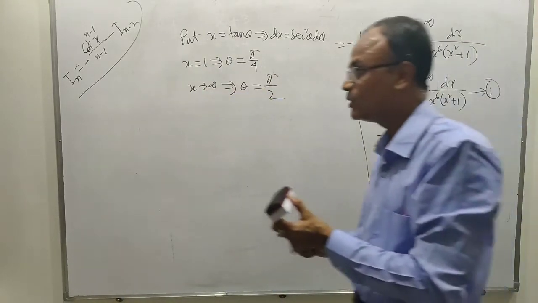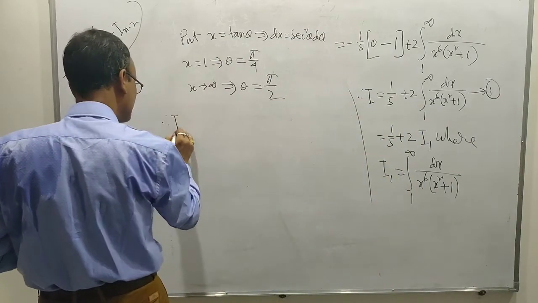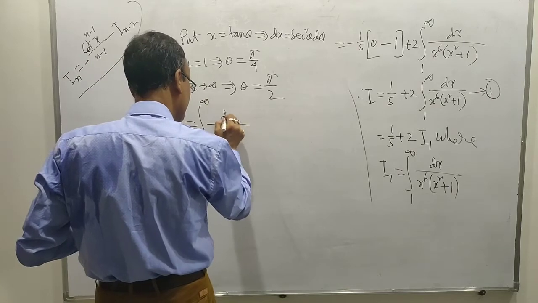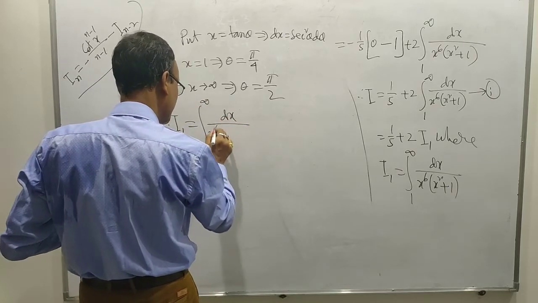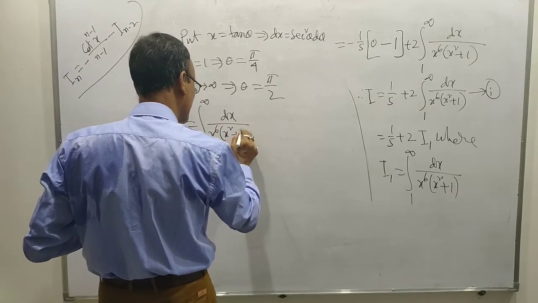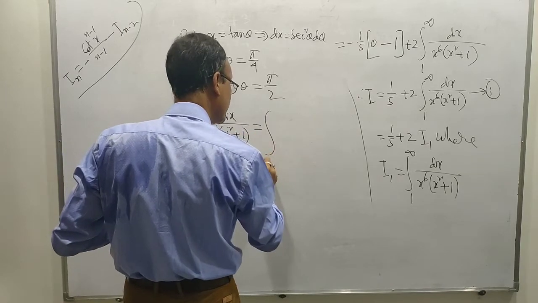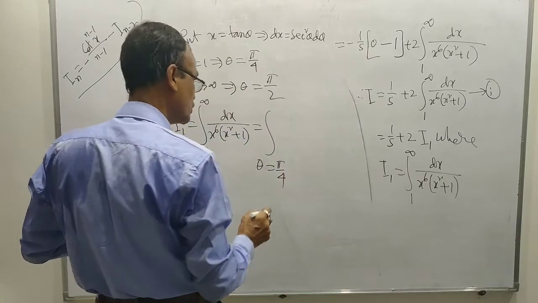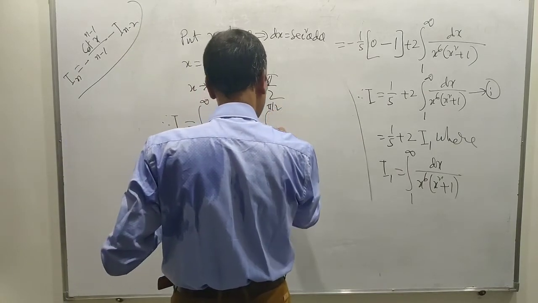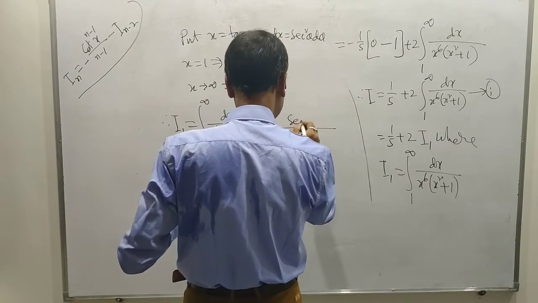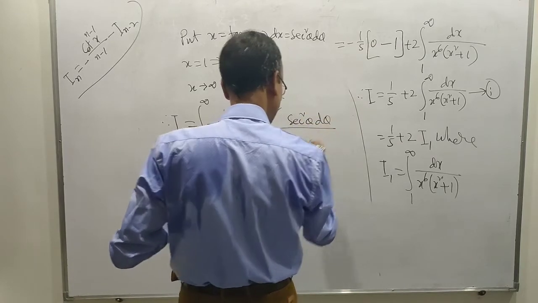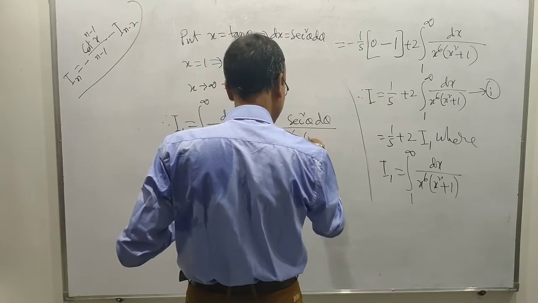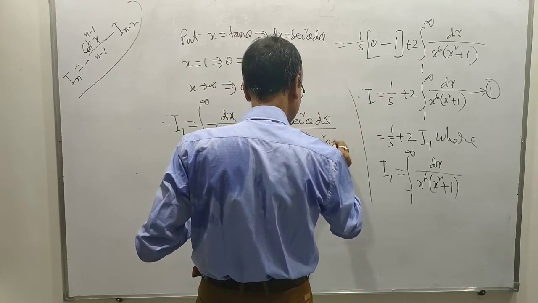Therefore I1 equals integration 1 to infinity dx divided by x to the power 6 into x square plus 1. This is equal to integration theta equal to pi by 4 to pi by 2. What is dx? It is sec square theta d theta divided by tan to the power 6 theta into tan square theta plus 1. Am I right?